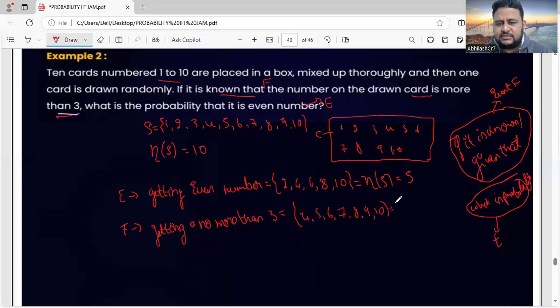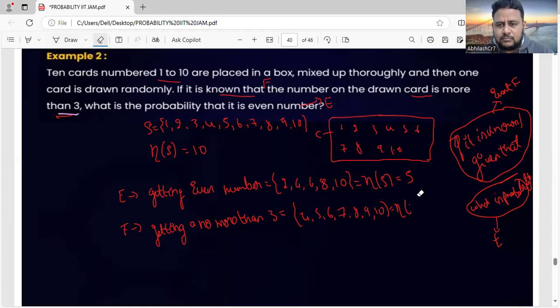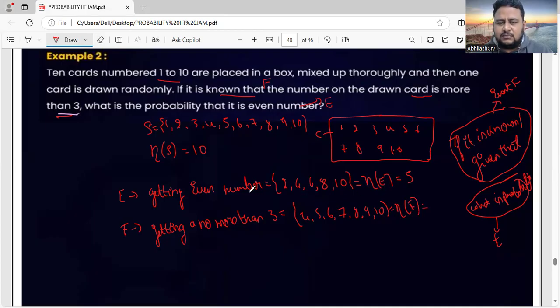Small correction: the earlier count should be n of E, not n of S. Anyway, n of F will be 1, 2, 3, 4, 5, 6, 7, which is equal to 7.